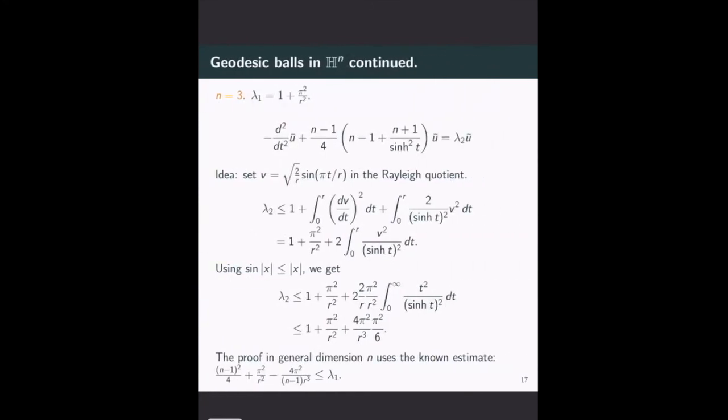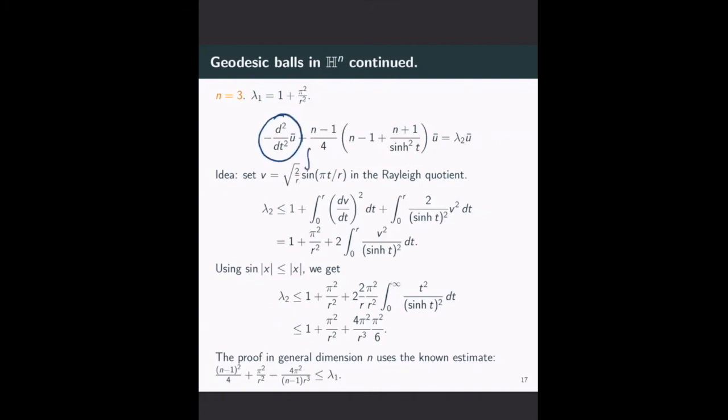So when n equals 3, remember I computed lambda 1, and this is the ODE for lambda 2. The idea is to take this eigenfunction, which is the eigenfunction for lambda 1, and put it into lambda 2, put it into the Rayleigh quotient I talked about at the beginning, and see what comes out of it. So the Rayleigh quotient, remember, you just multiply by u and then divide by the integral and do an integration by parts here.